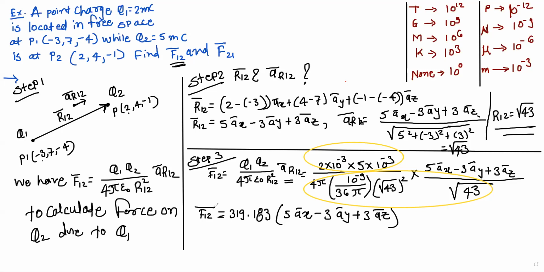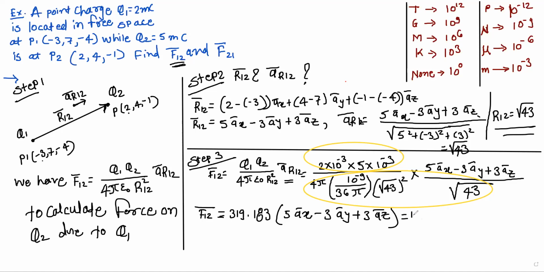Right? So with this, let's move ahead. If you could multiply this into the bracket, final answer you will be getting. It is equal to, I'm writing it in kilonewton now.